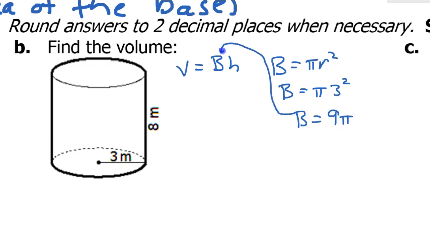So I'm going to take that and put it right there. Then the volume is going to become 9 pi times the height, which is 8. So that is going to be 72 pi.